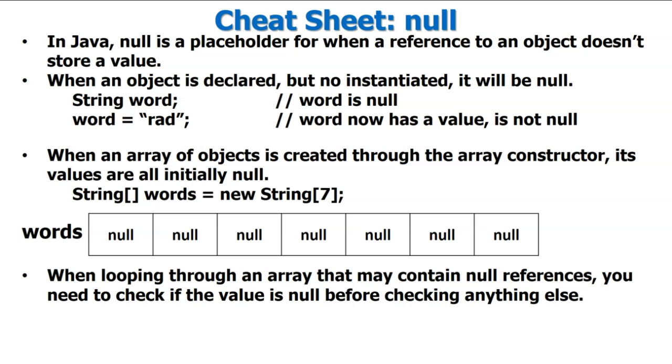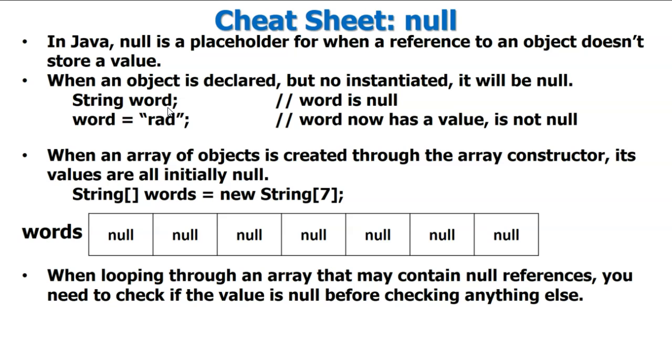Big thing for your cheat sheet from this one, like I said, the reason I made sure to do this question is I wanted to give you some null pointers. In Java, null is a placeholder for when a reference to an object doesn't store a value. We could say along with that, when an object is declared but it's not instantiated, it will be null. So for example, strings are objects. If I just say String word, word is a reference to a string object that doesn't yet hold a value.